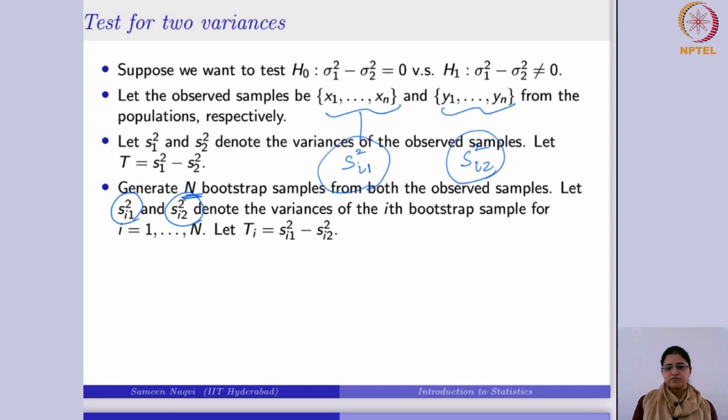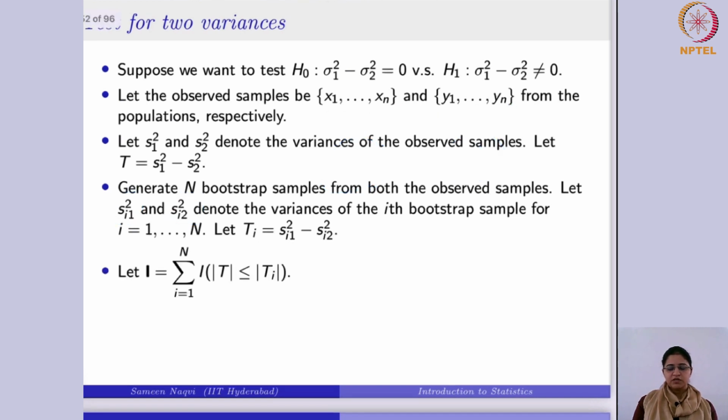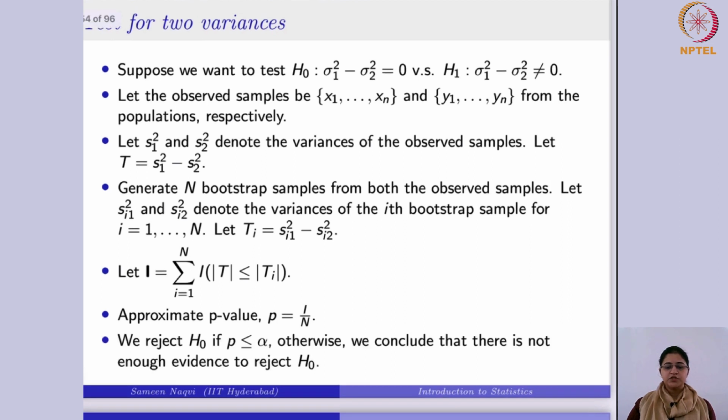Now once you have these values, you can compute the corresponding bootstrap statistic Ti. Finally you will compare and find the approximate p-value, and conclude whether to reject or fail to reject the null hypothesis depending upon your p-value.